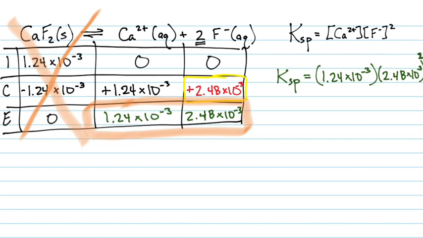I'm going to come around with some calculators. We can calculate this. It's going to be a small number. Again, it's a KSP of an insoluble salt, so it's going to be small. And also, just based on those numbers, I'm multiplying 2 really small numbers times each other.